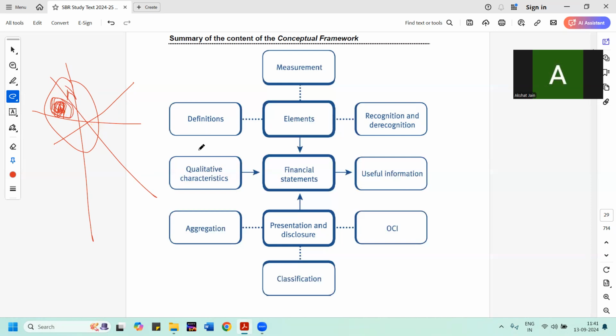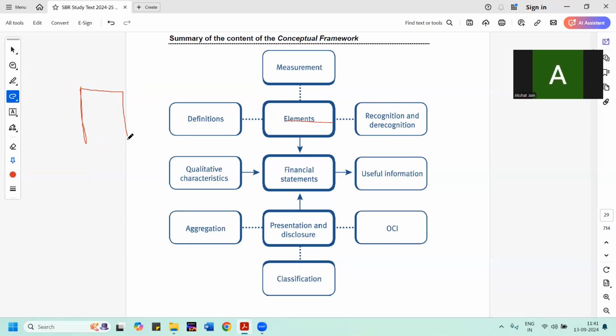However, aggregation refers to putting different elements of the financial statements together on a particular list, which we can say the reports are, and aggregating them into a single report to understand the financial performance of a company.